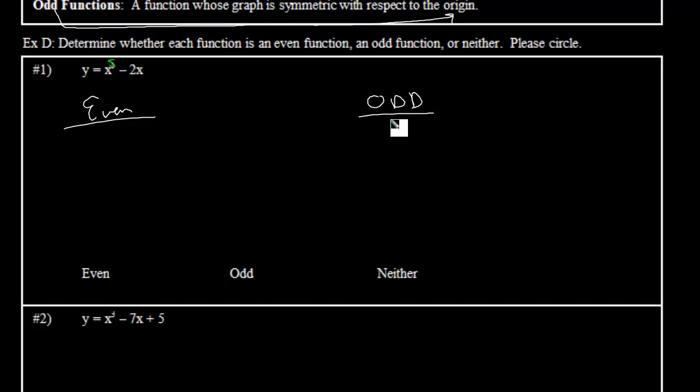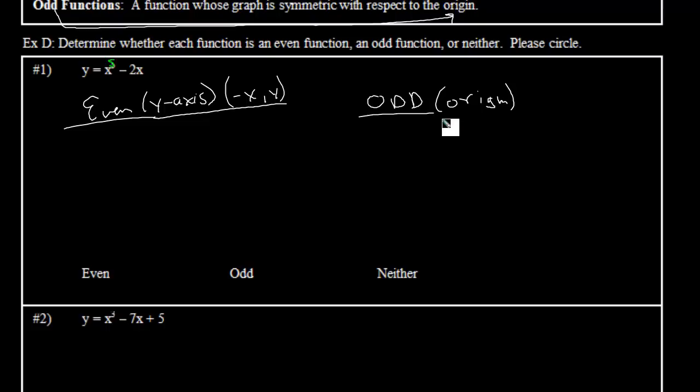Or perhaps the third option is it neither. If it's even, it's symmetric with respect to the y-axis. If it's odd, it's symmetric with respect to the origin. For the y-axis, change x, you leave the y the same. For the origin, you change them both. Change both the signs of x and y.